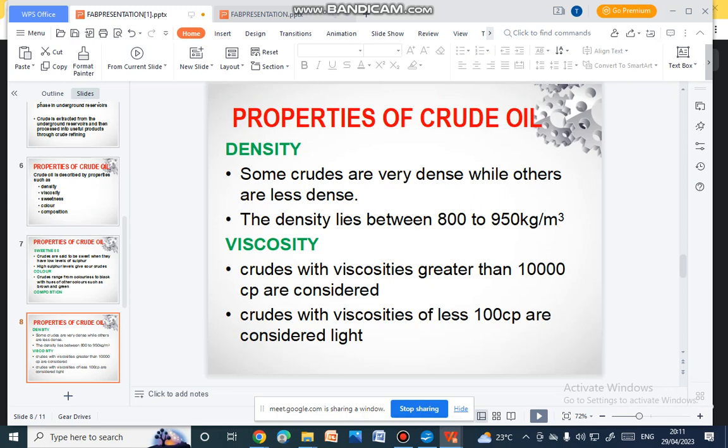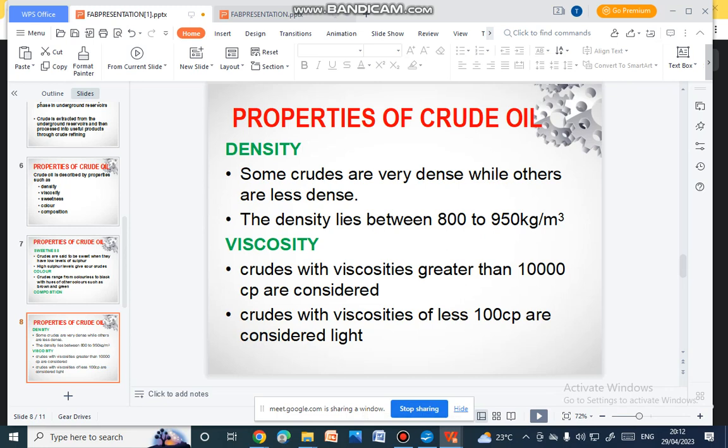Viscosity. What is viscosity? Viscosity is the ease with which crude can be poured. Some crudes are very thick and they have viscosities in the range of 10,000 centipoise.